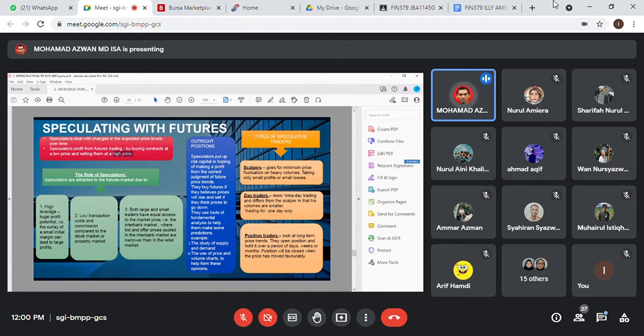This one I have explained about the rate, low transaction cost, where you have to pay commission, and both large and small traders benefit from the liquidity. This is the outright position that I explained just now.